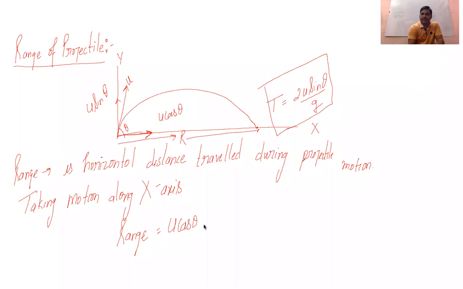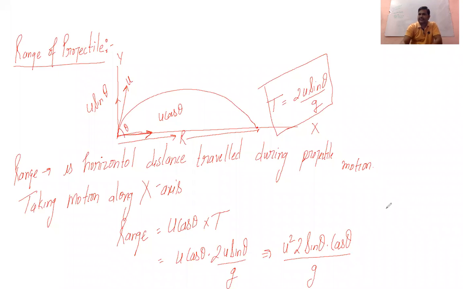So range is u cos theta into time of flight. We can put the values here: u cos theta, and the time of flight is 2u sin theta by g. Now you can multiply these, and this will become u square 2 sin theta cos theta by g.